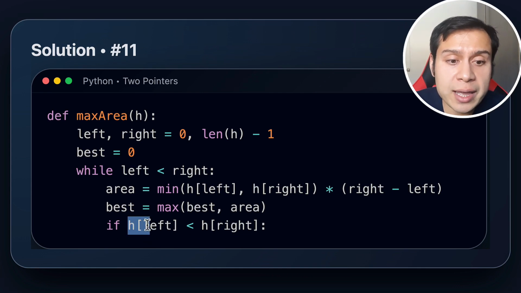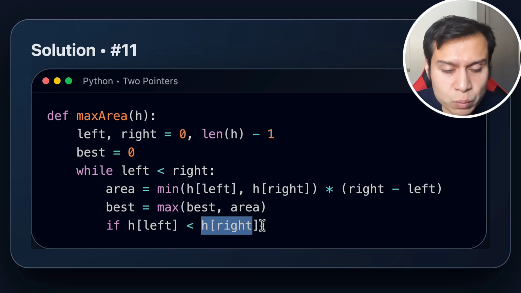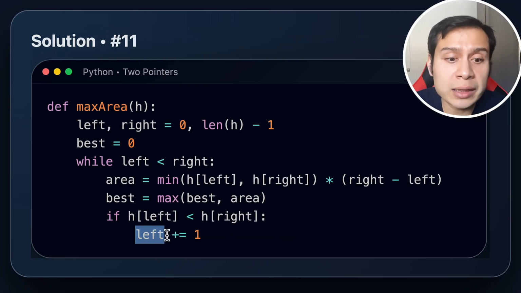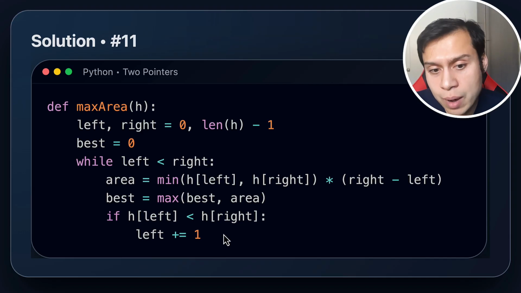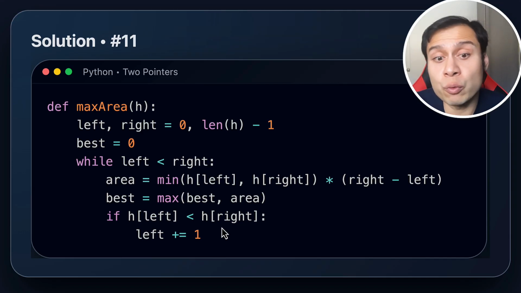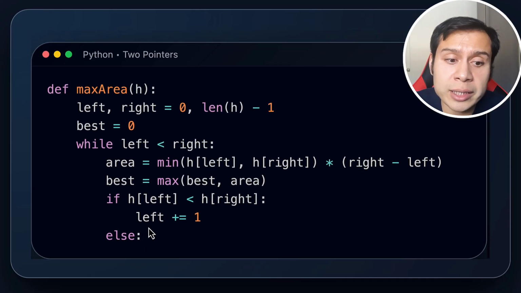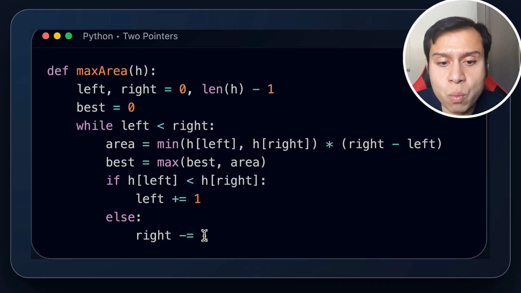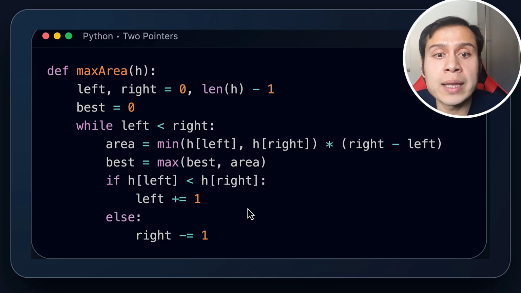So if the left one is less than the right one, we're going to move the left one to the right by 1, which is left plus 1. Otherwise, if the right one is the smaller one, we're going to move the right one to the left, so else right minus 1. This is how we're going to move. We always move the one that is the shortest, in the direction that's going to give us a better maximum area.